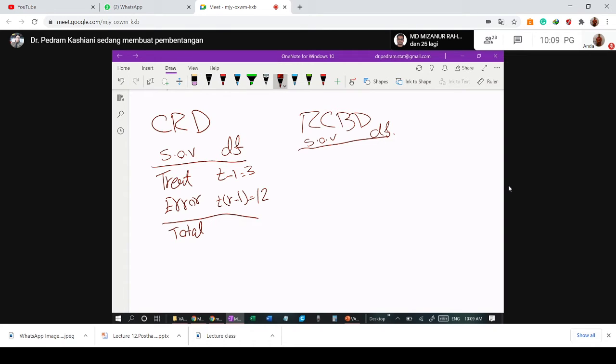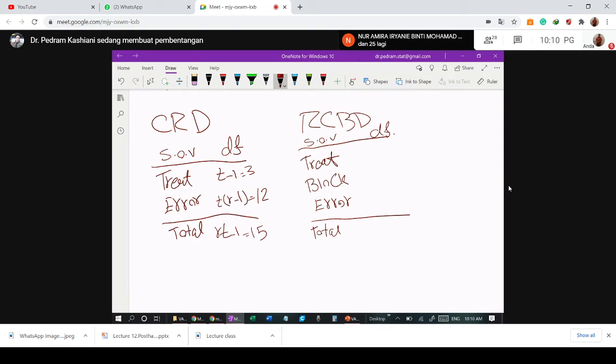So I have treatment, block, and error. Normally we write block, treatment, error, but now, because I want to do a comparison, I want to keep the treatment on top for all the designs. And I have total. Here total will be RT minus 1, which is 15.